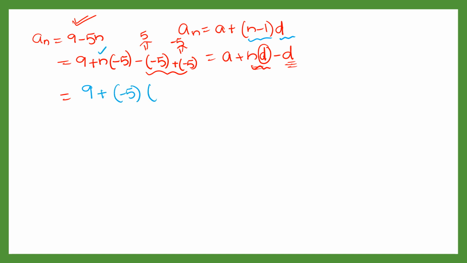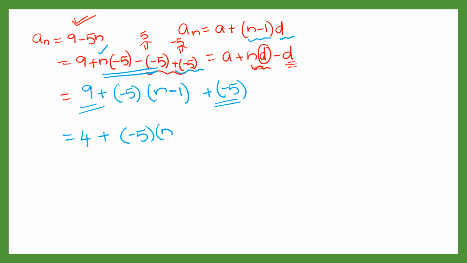So you are left with n here. In these two terms, take minus 5 common. You will have n minus 1 plus this term is left. Now this term is left, as it is. Now 9 plus into minus is minus. 9 minus 5 is 4. So you get 4 plus minus 5 into n minus 1. If we rearrange, you get 4 plus n minus 1 into minus 5.